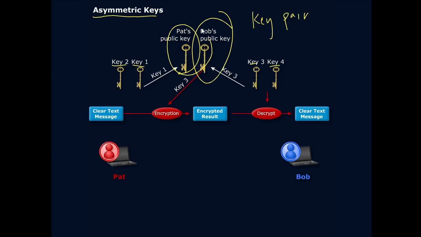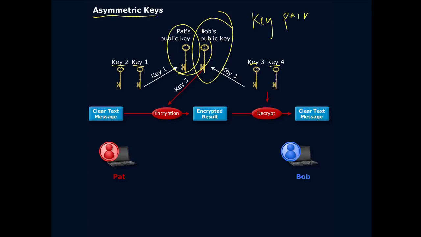Now, these public keys can be given to anyone. Anyone. I can throw them out on the internet if I want. It doesn't matter because these are asymmetric keys. The key that is used to encrypt traffic cannot be used to decrypt traffic. So even though Pat and Bob's public keys are out there for all the world to see, that mathematical algorithm used to decrypt any traffic that is sent by these public keys is not the same.